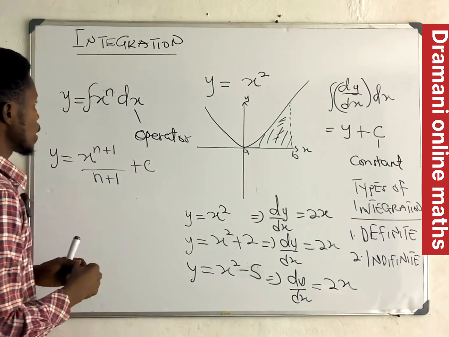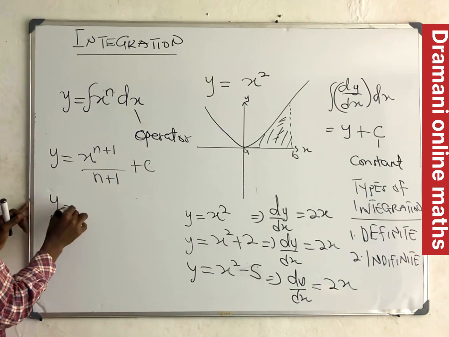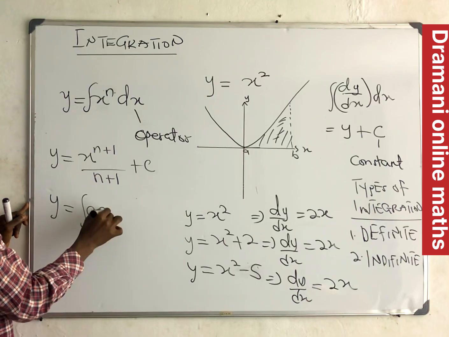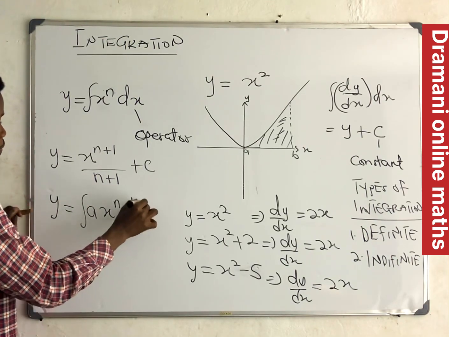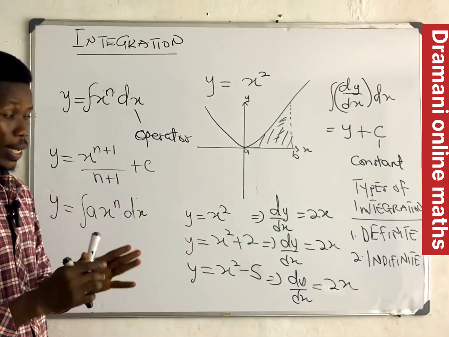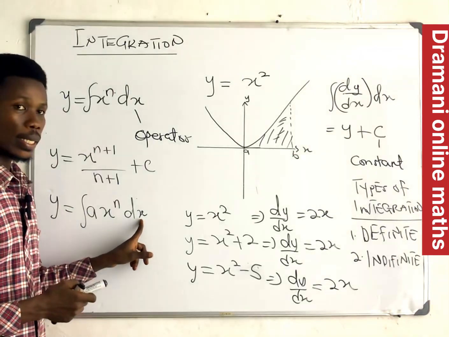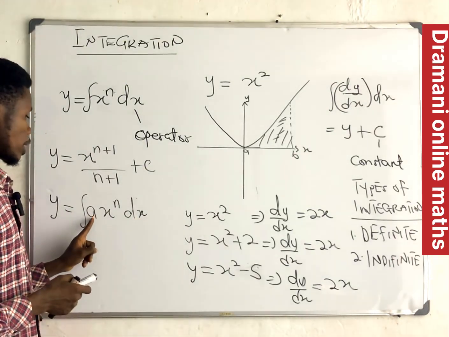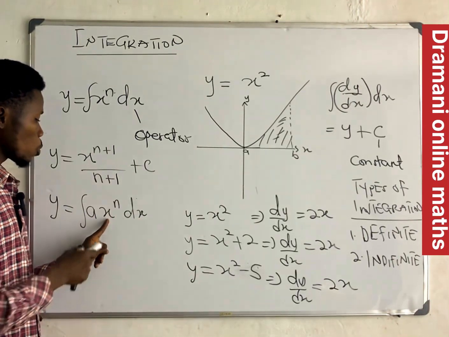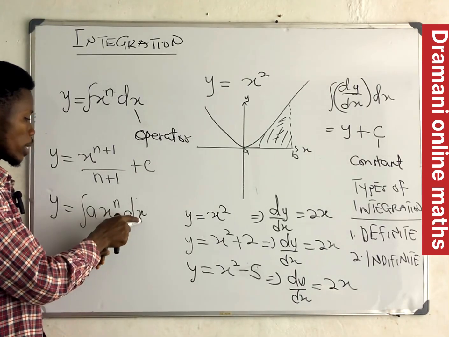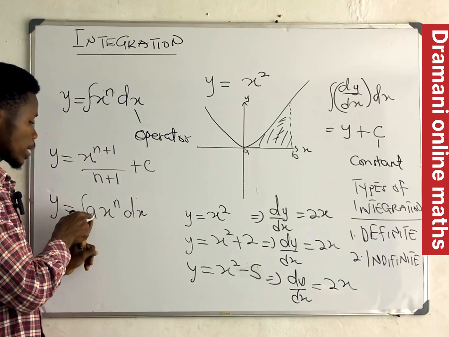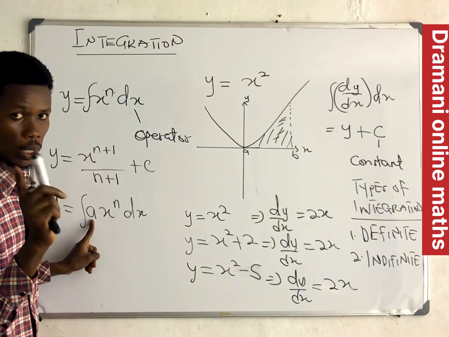But let's say I have y equals the integral of a x to the power n dx. Just like I said, the operator here is x, but here we have a x. So the x is working with the x, but this a becomes a constant. Is that okay?